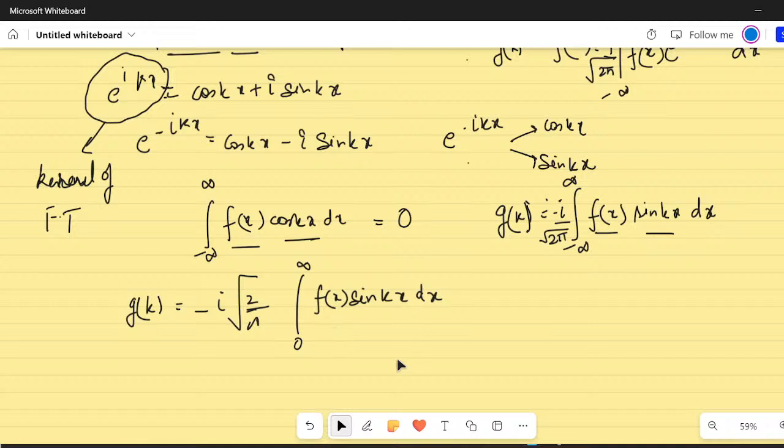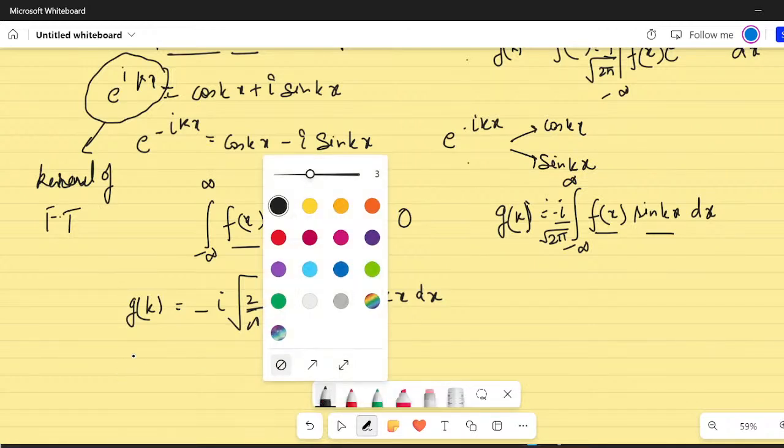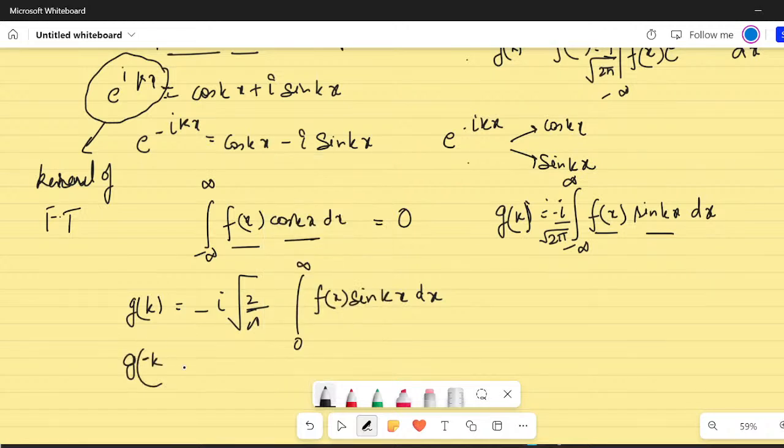See, g of k is given by this. Then if I want to write g of minus k, what it would be? So g of minus k would be equal to iota root over 2 pi, 0 to infinity, f of x, and now instead of k I have to place minus k, so I'll get sine of minus k, which is minus sine k.